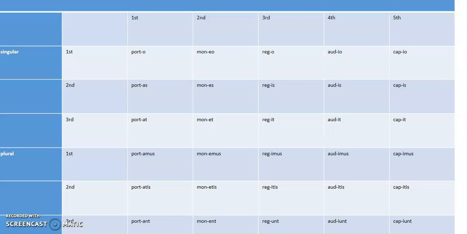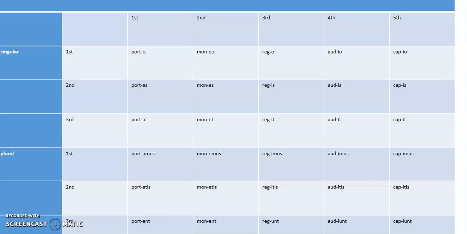So we're looking at this and we just see 3 for singular, first person singular, second person singular, third person singular, first person plural, second person plural, and third person plural. And it doesn't matter what conjugation or what group that they're artificially put into here, they all follow the same endings: o, s, t, mus, tis, and nt.